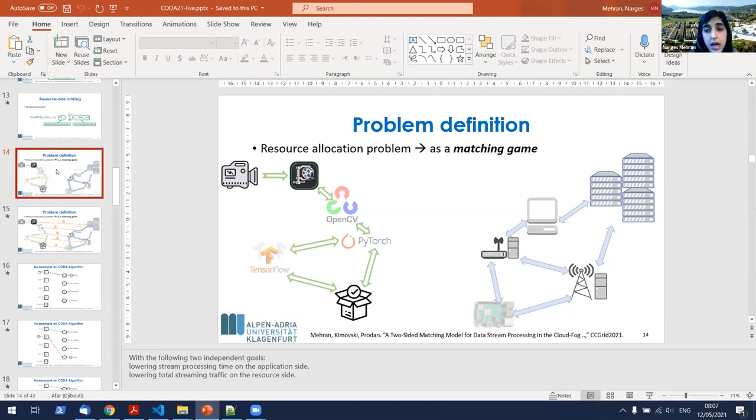We assume that the user has designed such an application in advance, and then wants to deploy it on the computing resources, so that based on the requirements of each component or microservice, our method will decide how to deploy it. This is an assumption for our work.